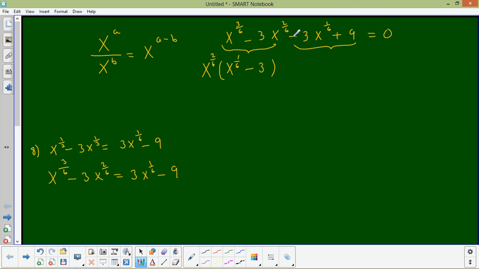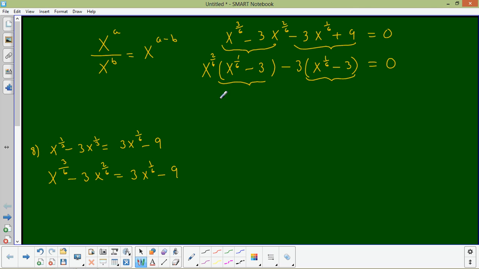Second pair, I see a negative here. I'm going to factor out the negative, and they both share a multiple of 3. And when you factor out that 3, coincidentally, you get x to the 1/6 minus 3. Now again, as we've done these 3 weeks, see the structure. See the common element. X to the 1/6 minus 3 is common to both of them.